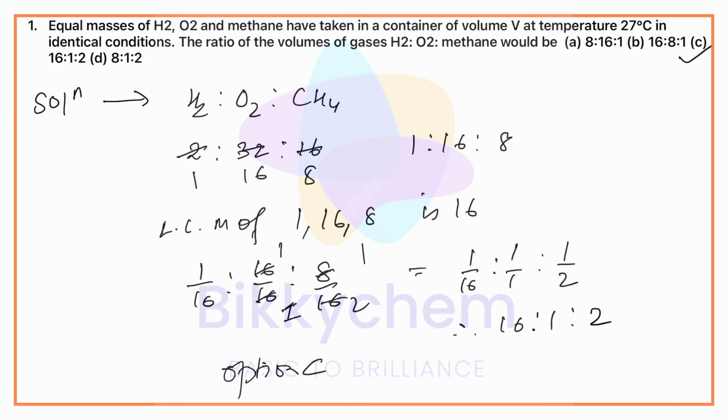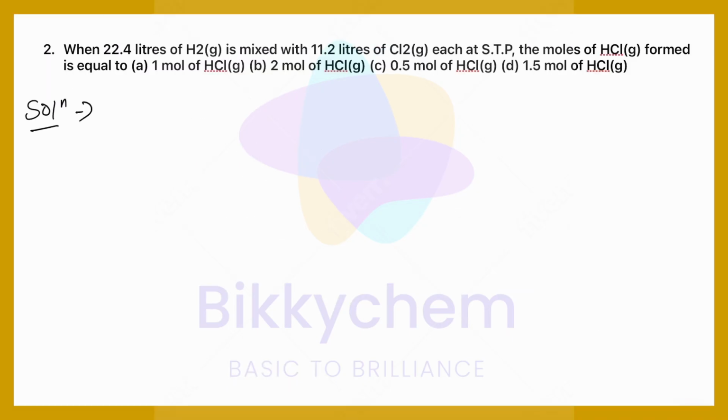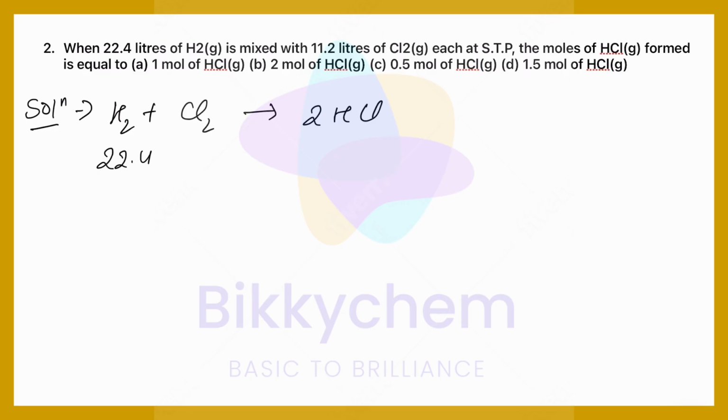...which is mixed with 11.2 liters of Cl2 each at STP. The moles of HCl formed is equal to. Now see, during this reaction, H2 reacts with Cl2 to give 2 HCl, which means 22.4 liters of H2 reacts with 22.4 liters of Cl2 to give 2 into 22.4 liters of HCl.